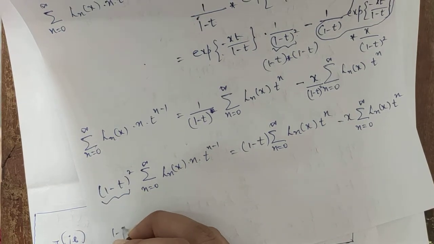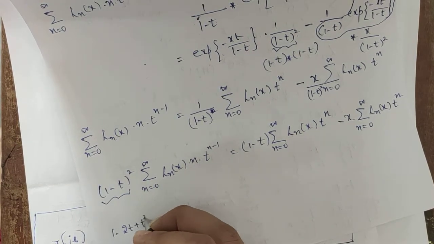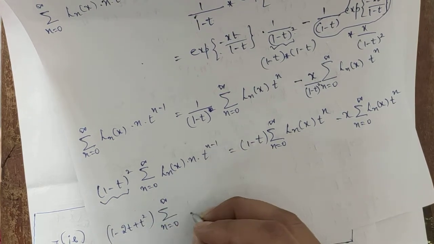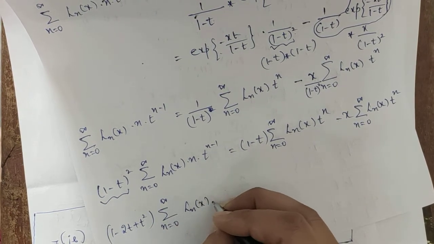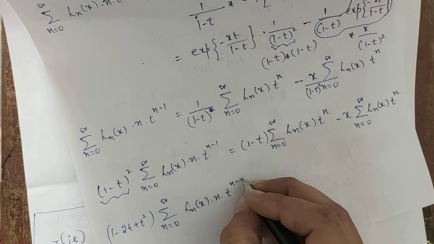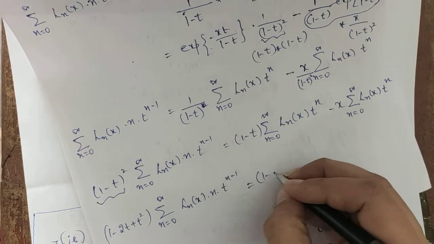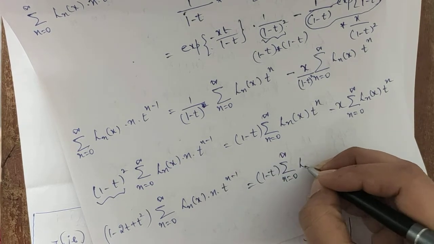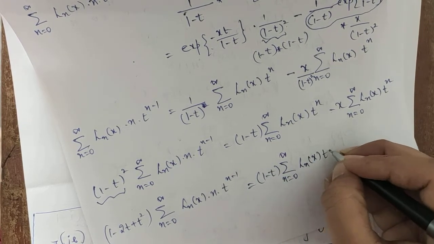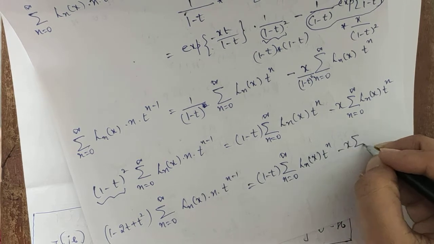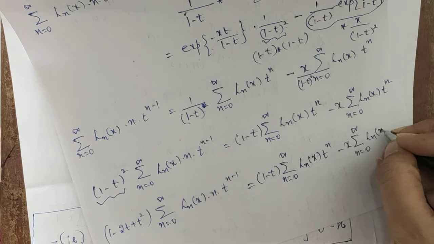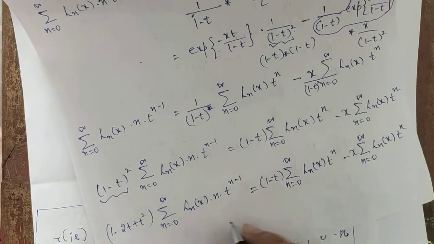This is nothing but 1 minus 2t plus t square into summation n equals 0 to infinity L_n of x n into t power n minus 1 will be equal to 1 minus t summation n equals 0 to infinity L_n of x into t power n minus x into summation n equals 0 to infinity L_n of x into t power n.